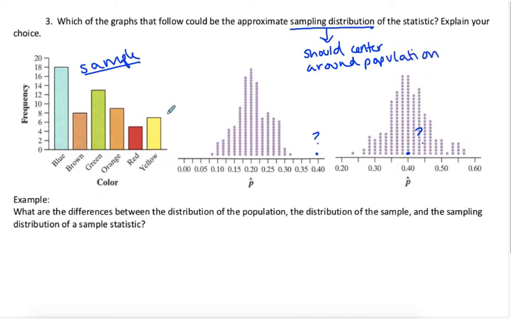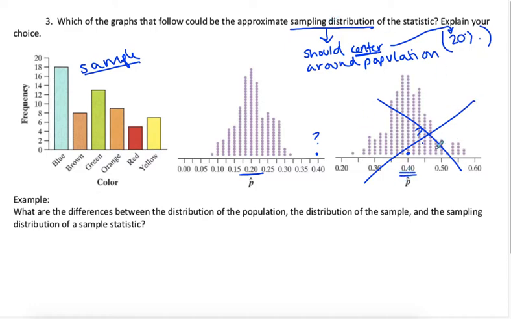Okay, so the population, what they've claimed for orange M&Ms is that it should be around 20%. So as I start to look, if I've sampled from a true distribution and I sample over and over and over again, the center should start to get around 20%. That's this one compared to this one. This is not likely the sampling distribution.